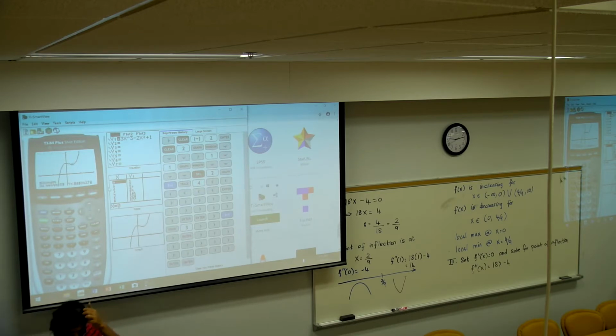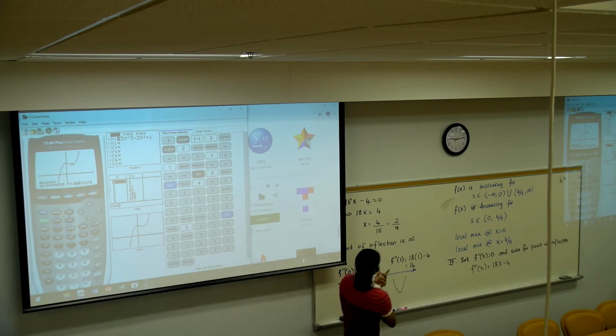Let it make a guess. Getting the minimum to be at 0.444459. And the corresponding y value is 0.8683. In your calculator, type 4 over 9. 4 over 9 is 0.4444. Good.